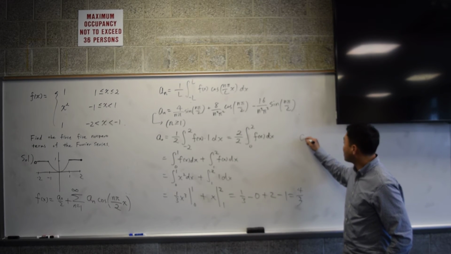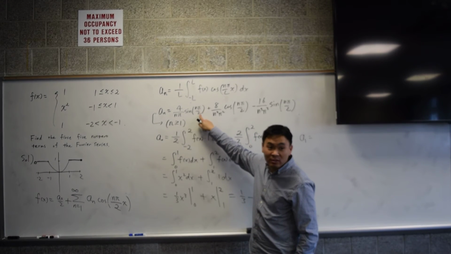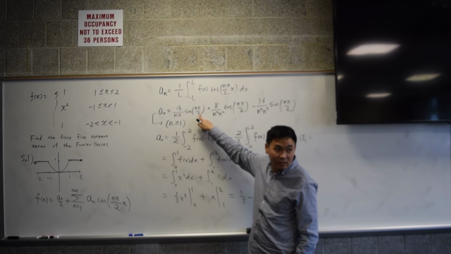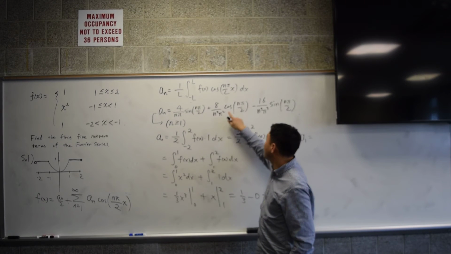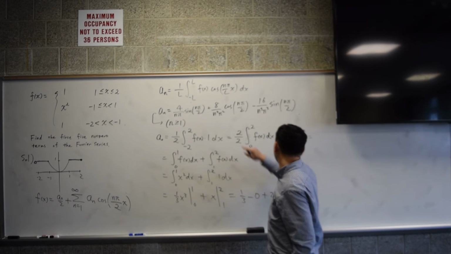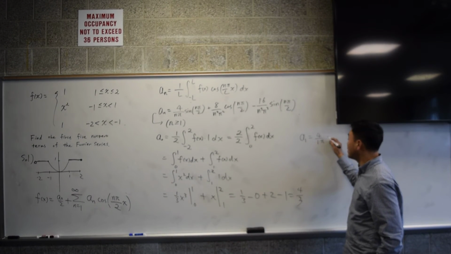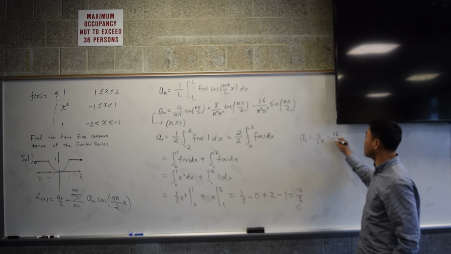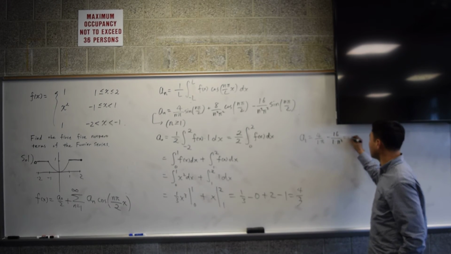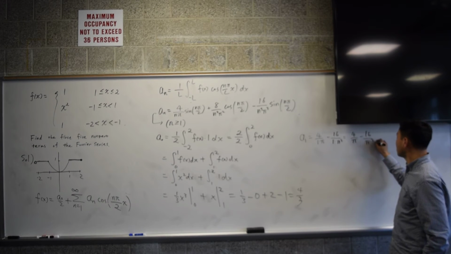Before that, what's a_1? Sine of pi over 2 is 1. Cosine pi over 2 is 0. So a_1 is 4 over pi minus 16 over pi cubed.